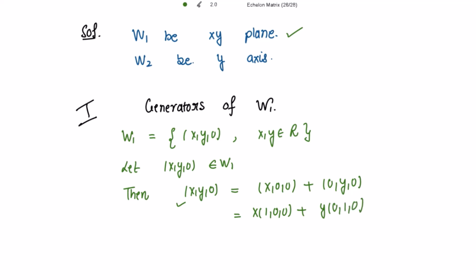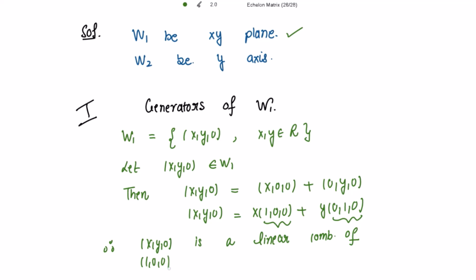That means we are getting this element to be a linear combination of this vector and this vector. So (x, y, 0) is a linear combination of (1, 0, 0) and (0, 1, 0). But (x, y, 0) was arbitrary.